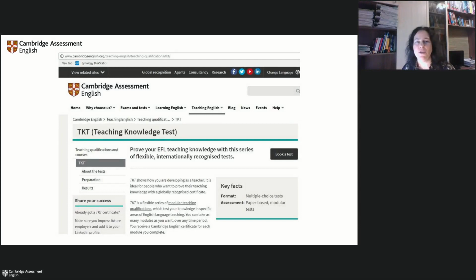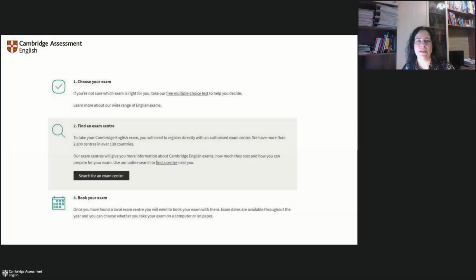So here it is. You go there, you click on TKT, and you find a lot of information, including the information about the exam centers, and you click on search for an exam center, type in your city, and you'll be able to find quite a lot of centers there. If we are talking about Moscow, there are quite a few. And our center in BKC, for example, is quite well recognized.